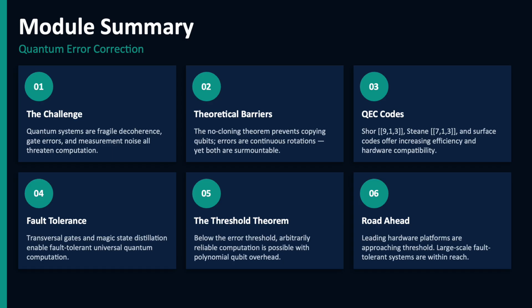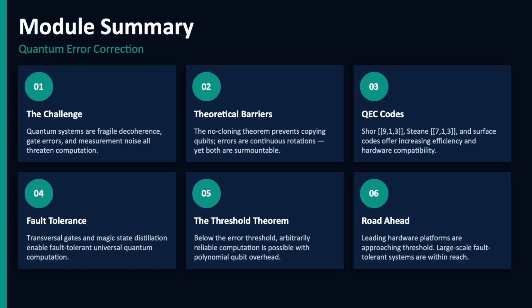explored the remarkable fact that two seemingly insurmountable theoretical obstacles, the no-cloning theorem and the continuous nature of quantum errors, can actually be worked around through clever use of entanglement and discretization of errors during the syndrome measurement. The Shor code showed for the first time that complete protection was possible.